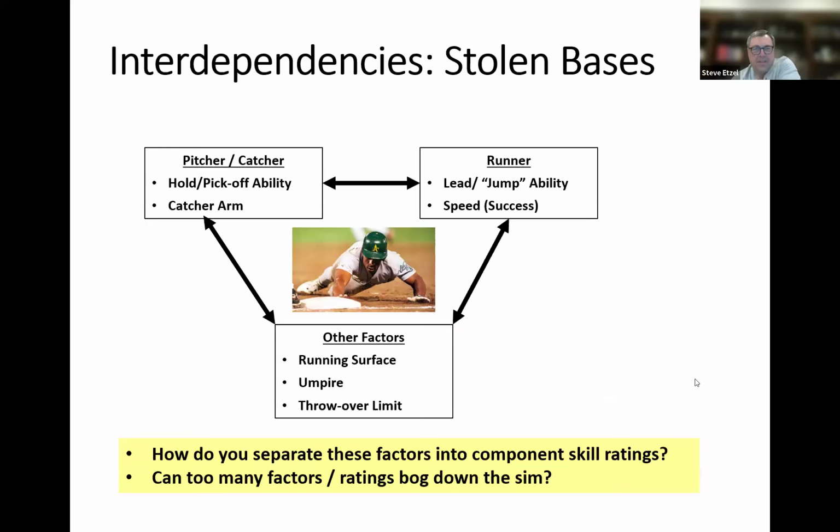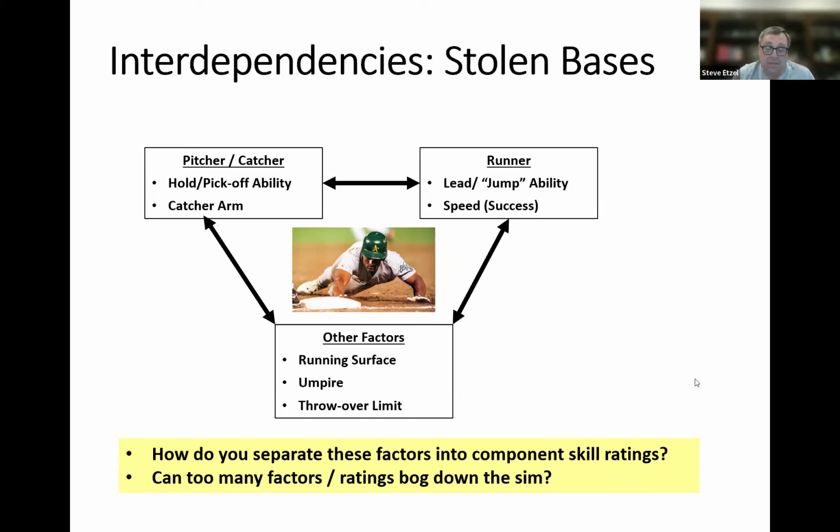In terms of interdependencies, I have one of them here, which just comes up with stolen bases. So the ability to steal and the success rate is influenced by a lot of things. It's the pitcher's ability to hold the runner on or pick him off. It's the catcher's arm, the runner's ability to get a jump, and then just his running speed, if you will, once he gets the jump.